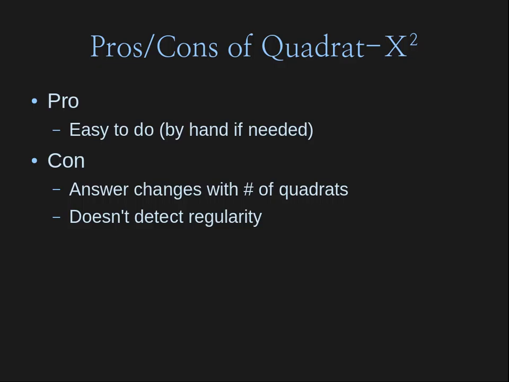Within each cluster, they're random, or maybe within each cluster, they're regular, but you can't detect that with this. The answer you get will depend on whether you have squares that capture the clustered process or the random process or the regular process. So that's the problem. The other problem is it doesn't detect regularity. We can't detect anything where they're spread out evenly this way. It has no power to do that.